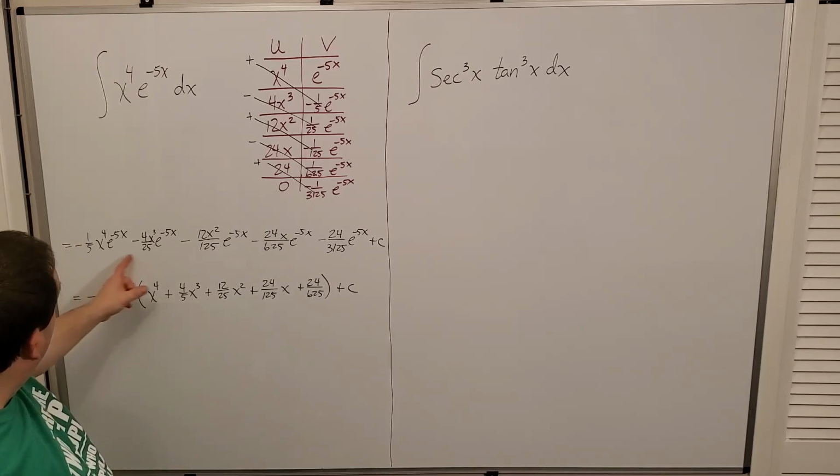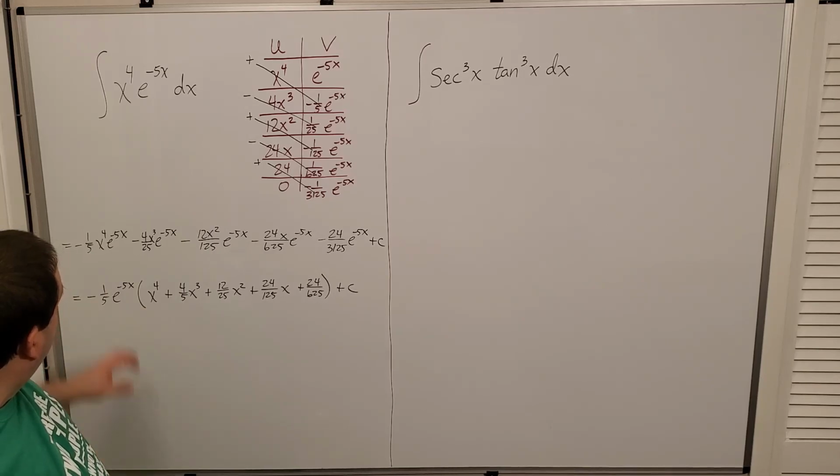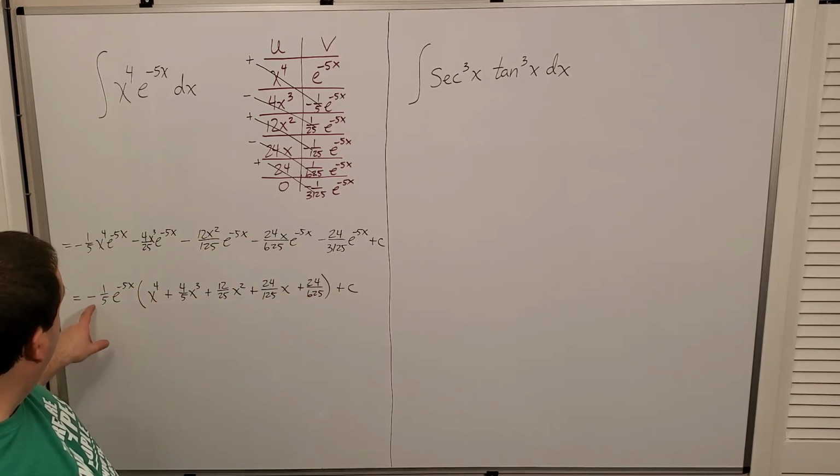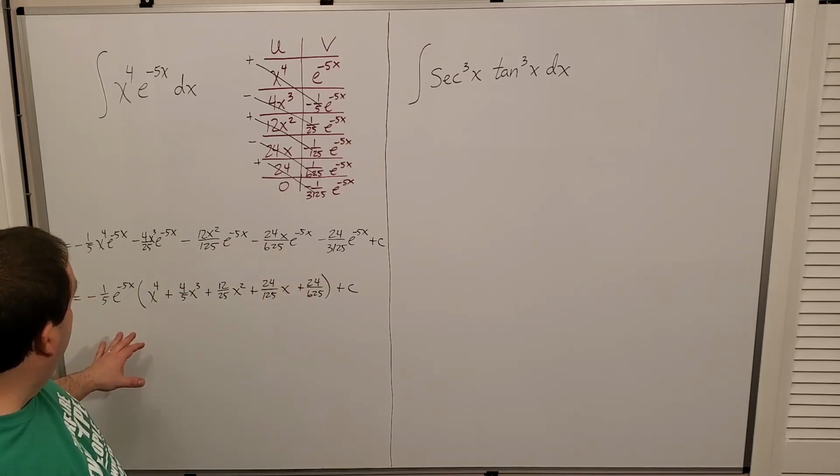Everything dropped a power of 5 all the way down because I factored out a 1/5 from each one. And then, of course, they were all negative. I changed them all to positive by factoring that out. Much cleaner way of writing the antiderivative there.